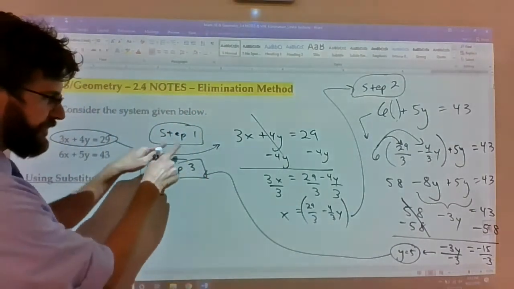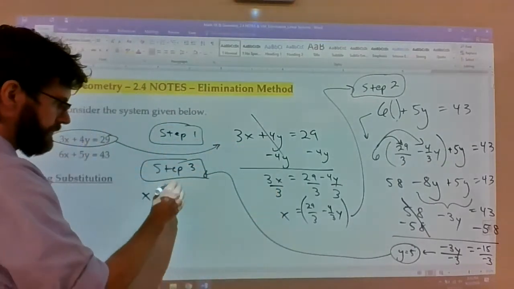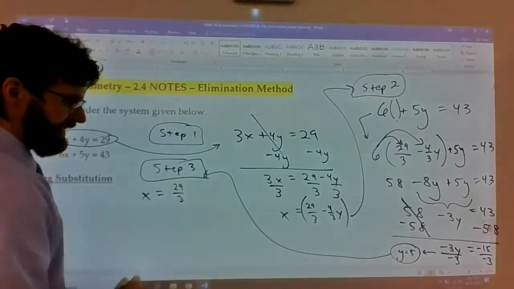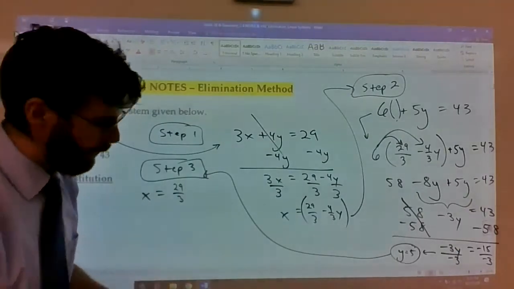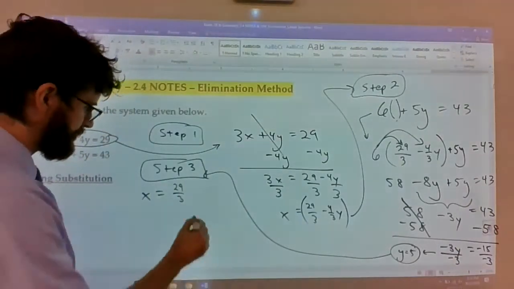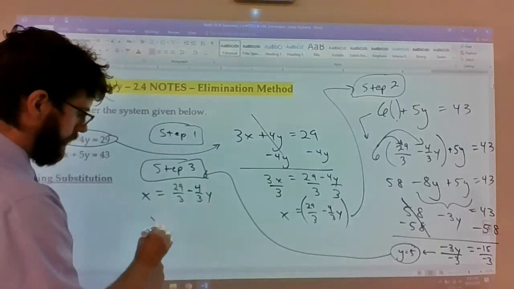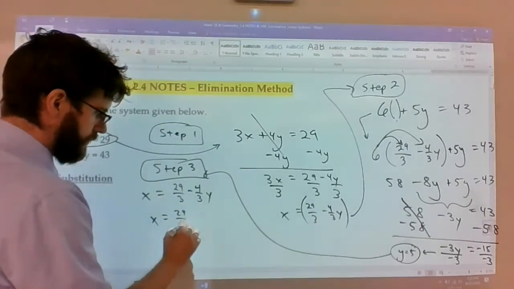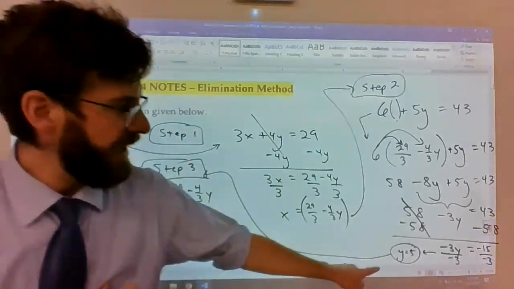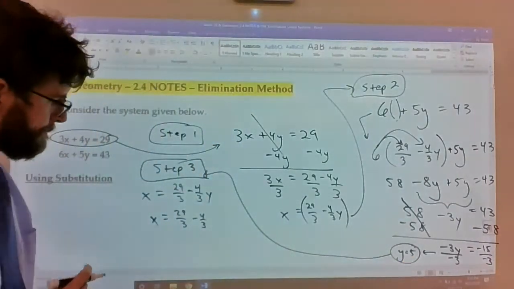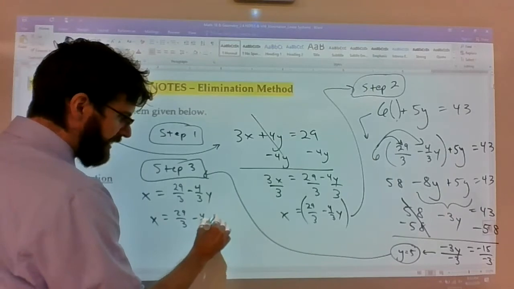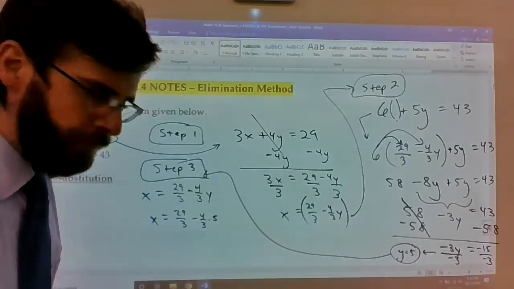So I'm taking the equation that we got from step one. That's usually the nicest one to work with. In this case, not so much. Minus 4 thirds y. I'm replacing y now with 5. So I'm going to say times 5 is the same as saying times 5 over 1.